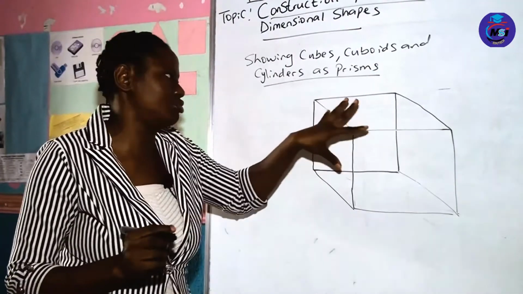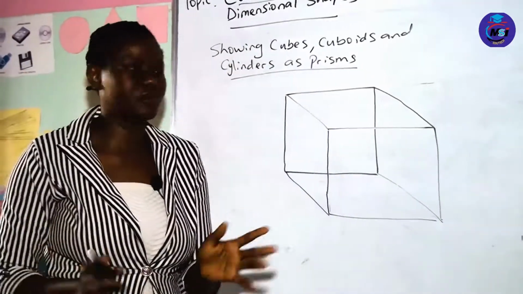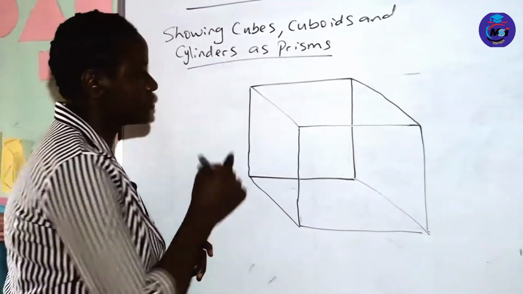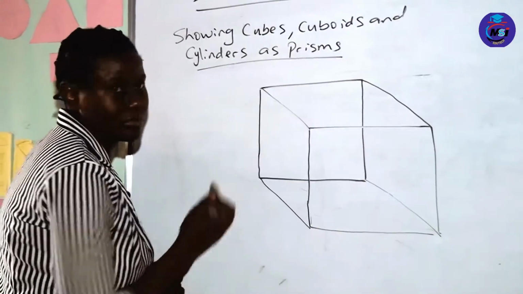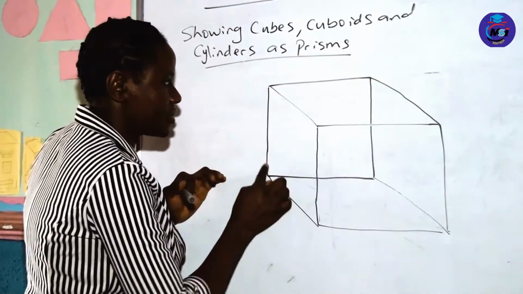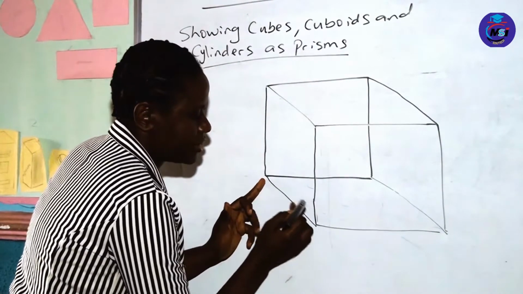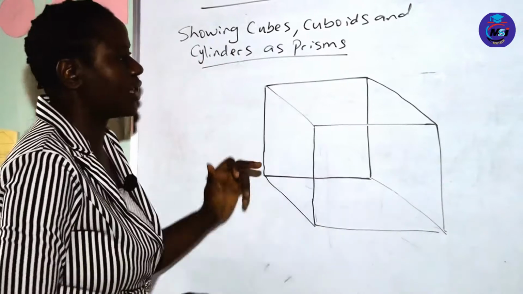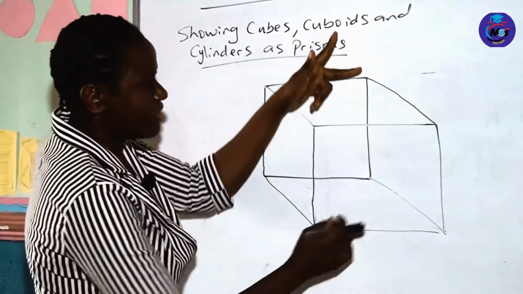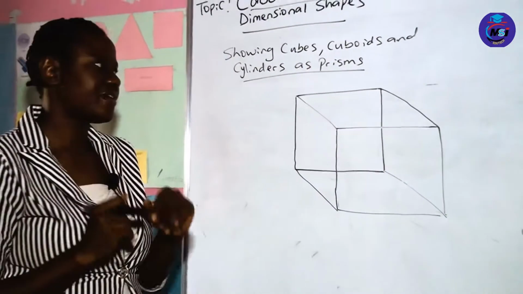Now I want us to try to indicate this from a diagram. The face is a flat surface. So for the faces, you have this particular side 1, this side 2, this side 3, this bottom side 4, the top side 5, and this other side 6. So we have 6 faces.